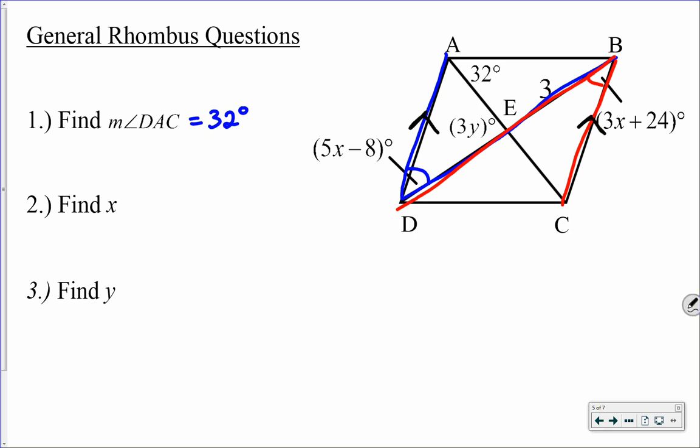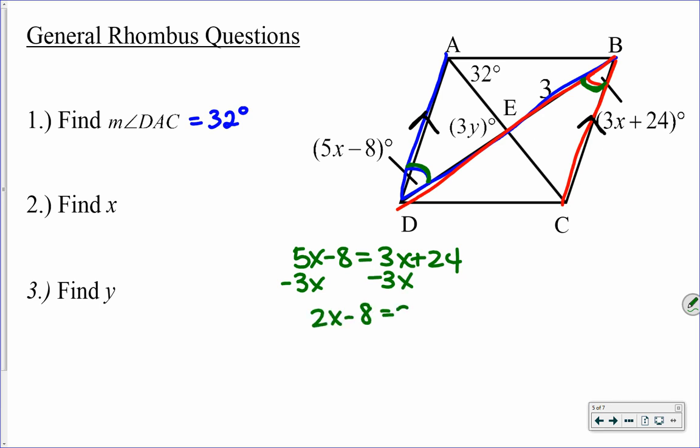And when we have parallel lines, we have alternate interior angles that are equal or congruent. So we can say 5x minus 8 is equal to 3x plus 24, and we can solve. We're going to subtract our 3x. 2x minus 8 equals 24. Add the 8. 2x equals 32. So x will equal 16.